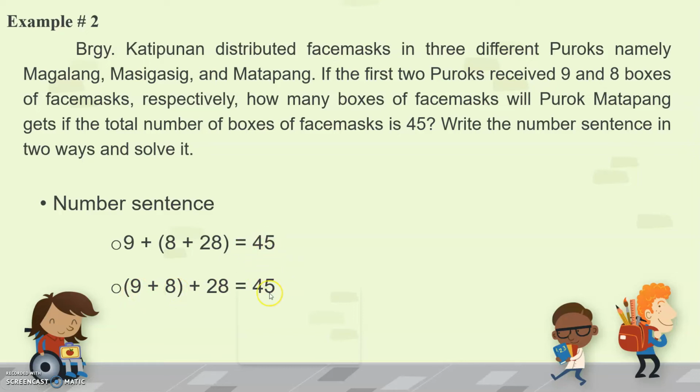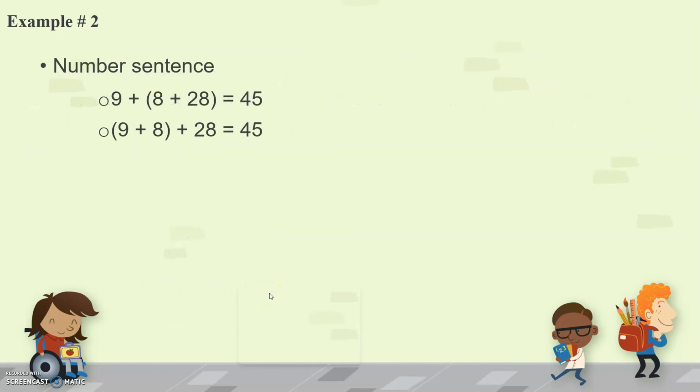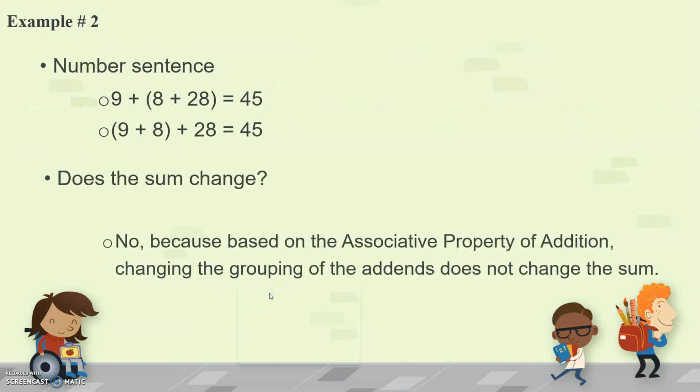And the property used for this number sentence is associative property of addition. Bakit associative? Kasi ginamitan na siya ng groupings. Okay? And then, binali-baliktad yung pagkakagroup ng numbers. So, does the sum change? No, because based on the associative property of addition, changing the grouping of the addends does not change the sum.